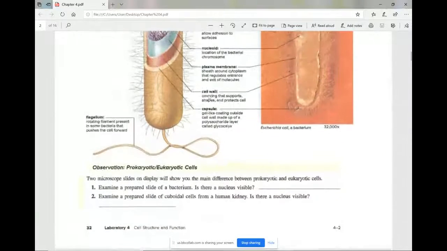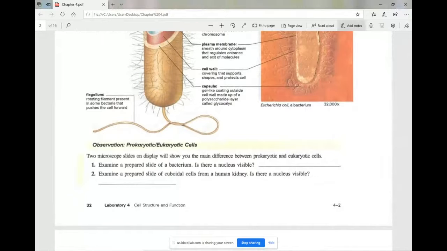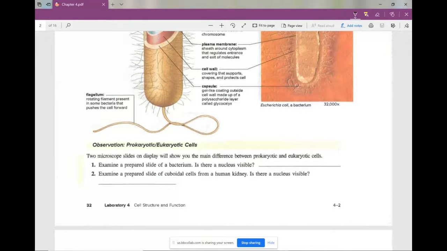All right, so on the first portion of the chapter, it's asking you to examine a prepared slide of bacterium. And it asks you, is there a nucleus visible? So the answer is no, right? I told you guys the bacteria don't have a membrane-bound nucleus, so it's not easy to see that.